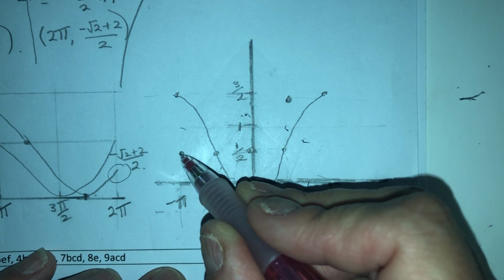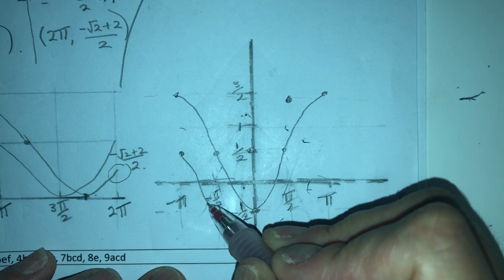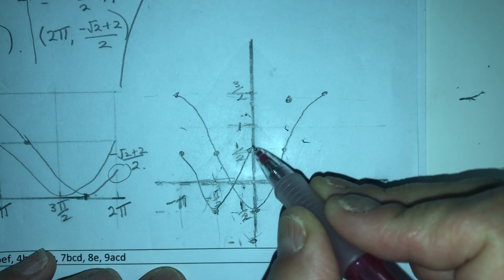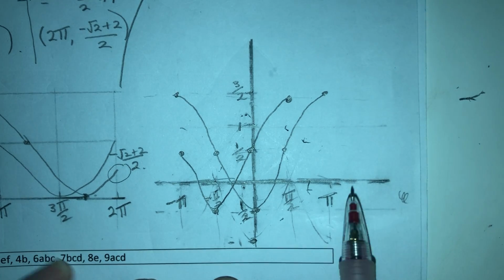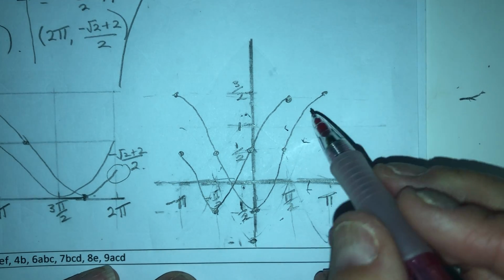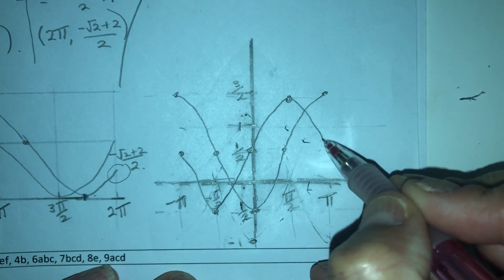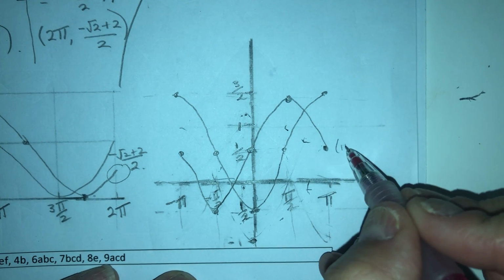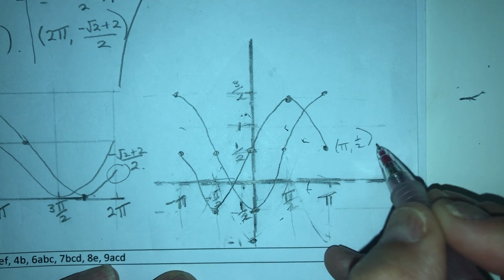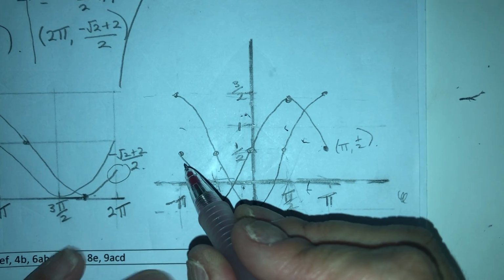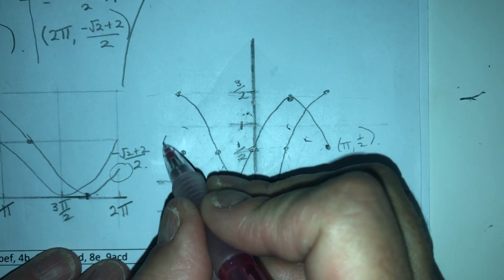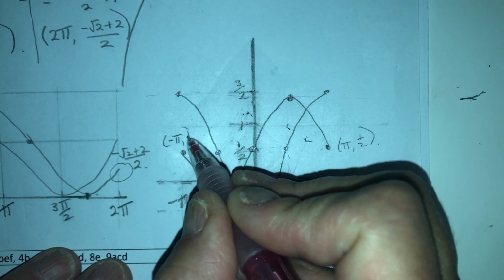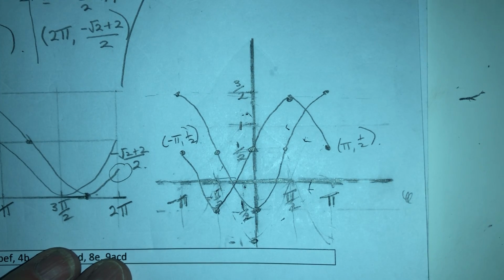So our graph will look like this, knowing that we do need to go up to pi. And we know the shape of the graph. So the end point there should be pi, half, okay? And this end point here is negative pi, half. Now, you do need to be able to show that as well.